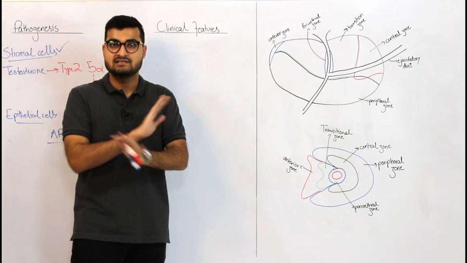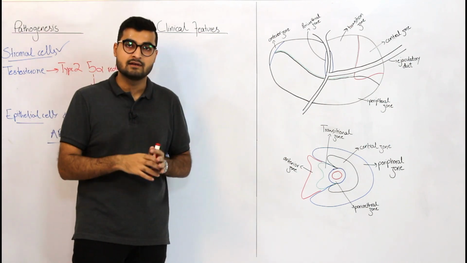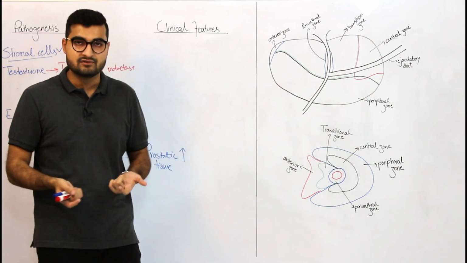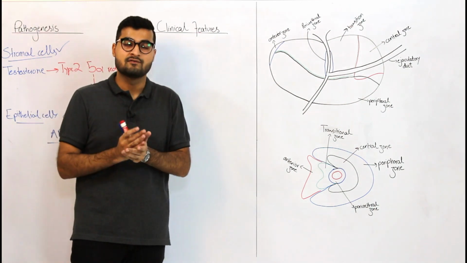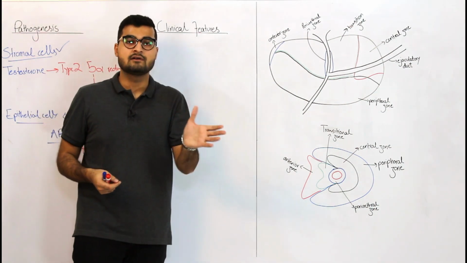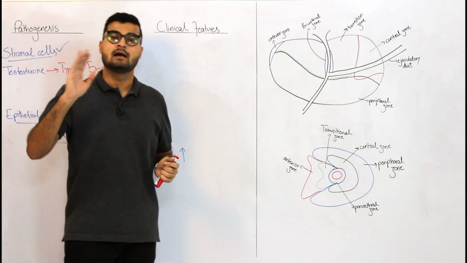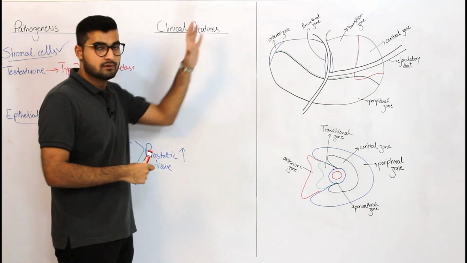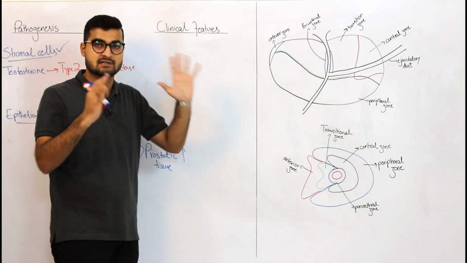It's hyperplasia in either case, be it fibrous or glandular. But there are two different types, glandular and fibrous, so you can observe the difference between them under a microscope. Glandular is going to be soft, pink, while fibrous is going to be hard, pale, white in color. So this was basically the pathogenesis of BPH.